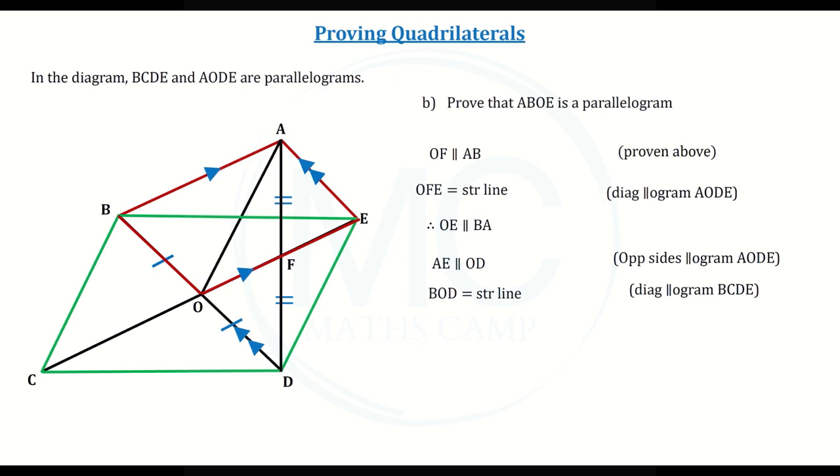So we can see that BO is parallel to AE. Now we've proven that ABOE has two pairs of parallel sides. So as our answer, we can say ABOE is a parallelogram because both pairs of opposite sides are parallel.